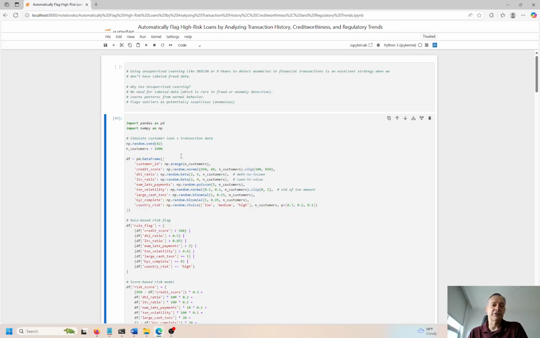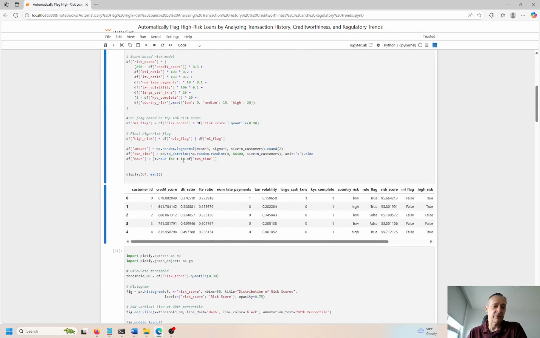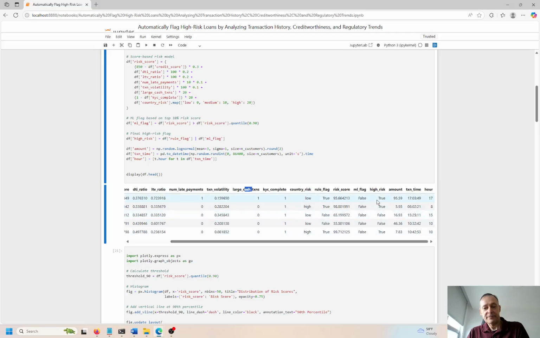So here's the data I created. I couldn't find exactly what I wanted online, so I just created it myself. We have credit score, debt to income ratio, loan to value ratio, number of late payments, volatility, large cash transactions, and so on and so forth. And what potentially is high risk: the amount, the transaction over time, and then the hour of the transaction.